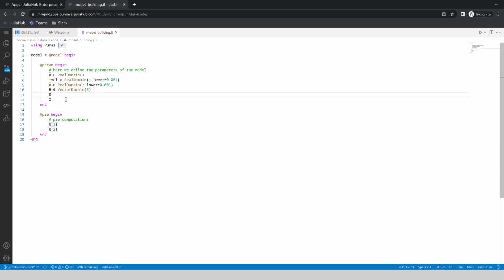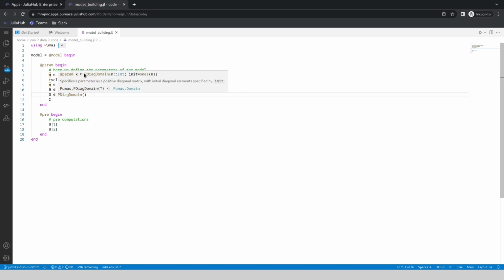Now for matrices, we have two domains. We have first the positive diagonal domain, that's PDiagDomain. And this is a diagonal matrix constrained to the positive domain. So this is a good matrix for variances, where we are not implying that there is a covariance between the elements, just variance because it's a diagonal matrix.